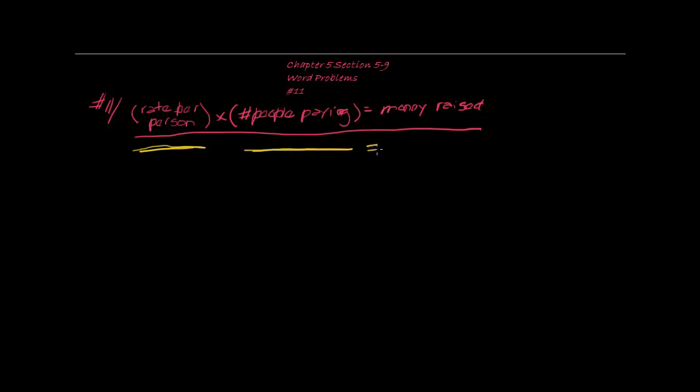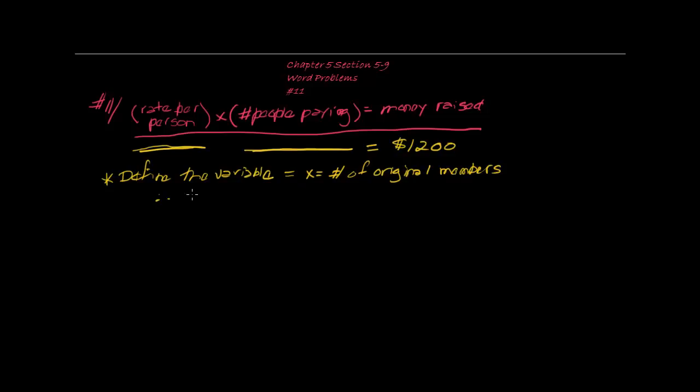But in this case, they have said we're going to raise $1,200. Okay, so how do we go about this? Well, first, as I've asked you all to do, define the variable. In this case, we can say that the variable is the number of original members, which is x.